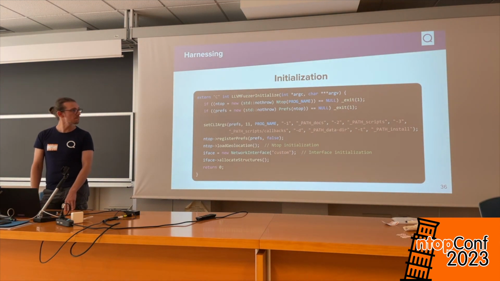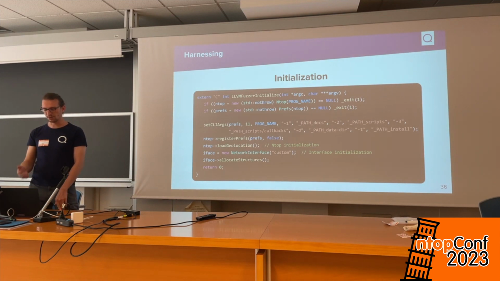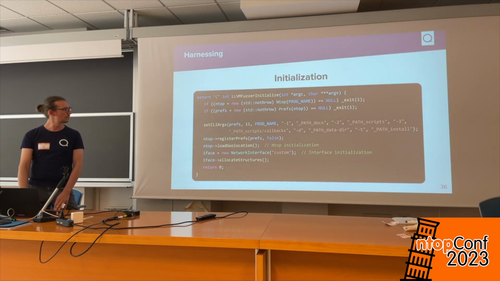So this was part of the code that I tuned up a little bit, and I removed some parts, just to give a general overview of what I had to initialize inside the LLVMFuzzerInitialize function. On the first row, we see that I'm creating the ntop object and the prefs object that contains the configuration. Then I'm setting some arguments to the ntop.